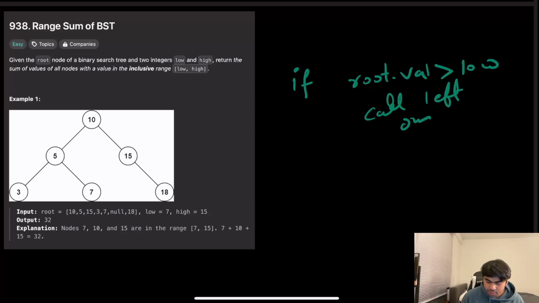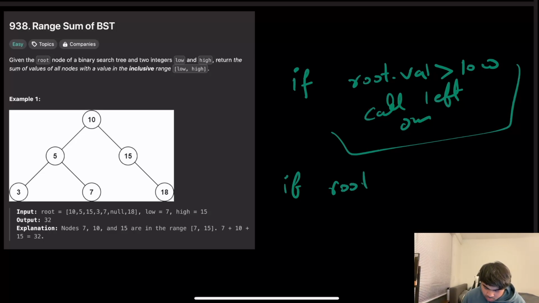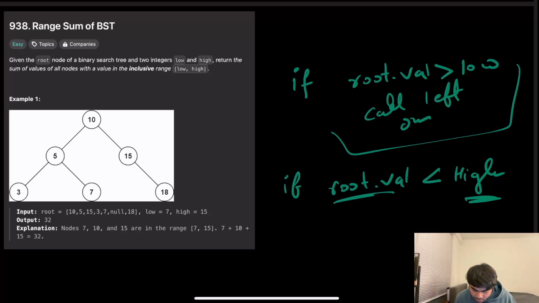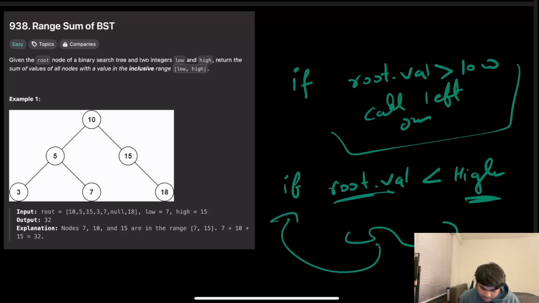And the same way, if my root.val is less than high, there is a range between the root value and high. Those values need to be added to my answer.